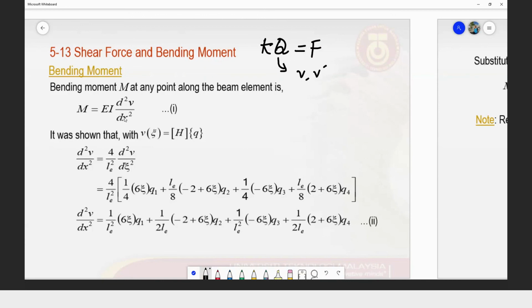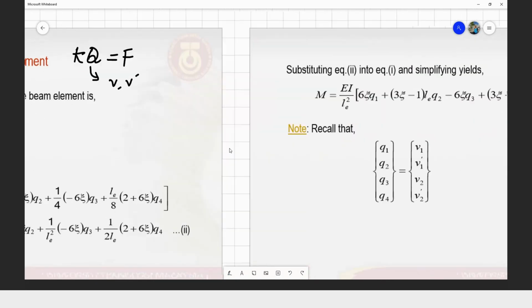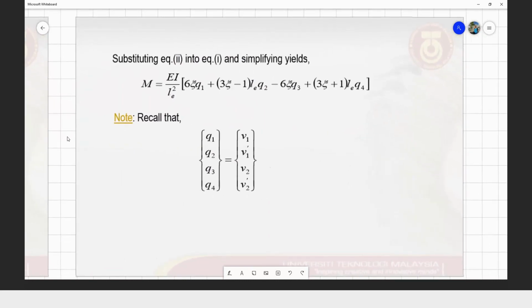So how do we use it? We apply the bending moment equation as given by equation number 1. As you can see, we are working in Cartesian coordinates, then we convert our equation so that we can work in natural coordinate systems. Then we will have the expression for the bending moment, which is given by this equation.